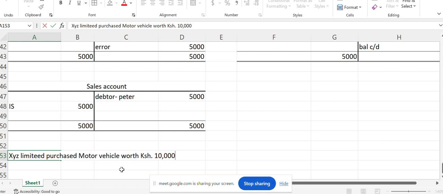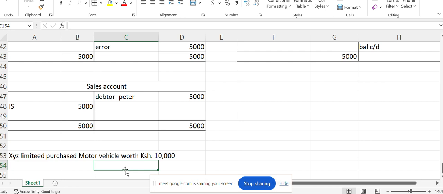Two accounts are supposed to be opened here. I'm waiting to hear from you. Tell me the two accounts. When you purchase a motor vehicle, what are the two accounts that conform to the principle of double entry?